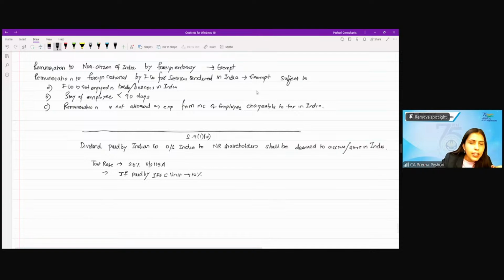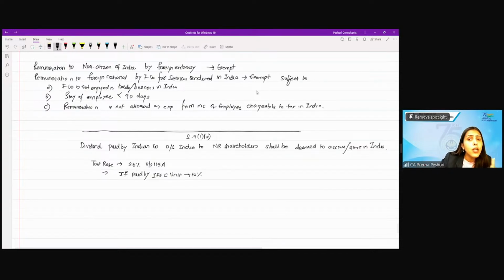Now, if you recollect, one more point I'm just trying to add over here. Dividend income from the business trust: if a person is a non-resident and is receiving the dividend income from the business trust, whether the dividend is taxable in the hands of the non-resident investor? Yes, because the trust is a pass-through entity. If you recollect, we have done this.